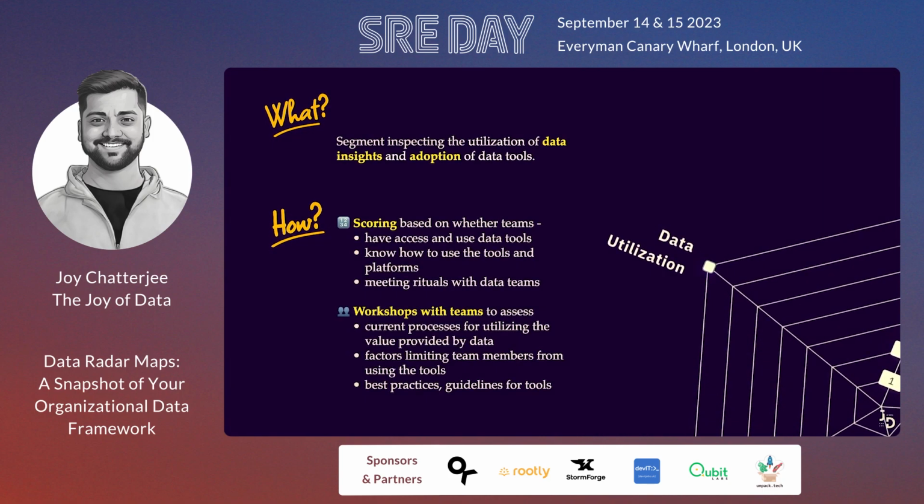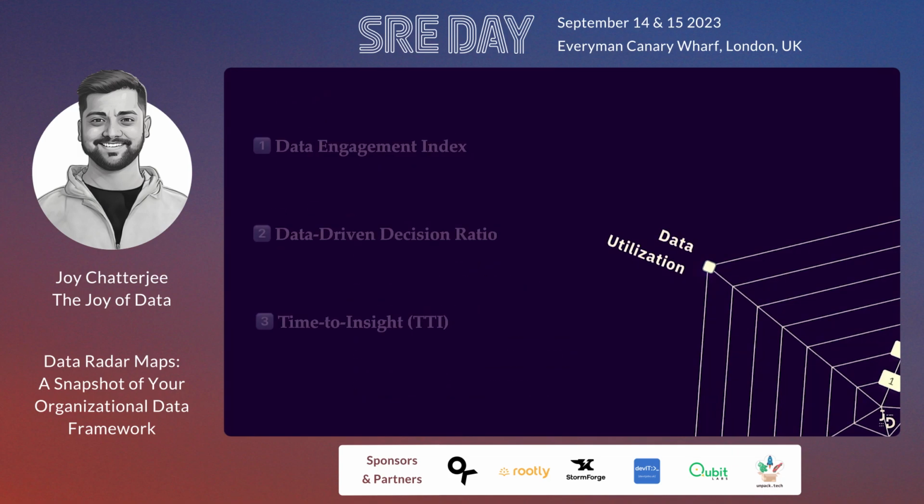Then there's data utilization. So this is more about how, on a scale of 1 to 5, for instance, how much people are actually engaging with your data. This is what we're trying to understand: what are the meeting rituals with your data teams? How often are product and tech teams actually interacting with this data? And here, the metrics we care about are engagement, data-driven decision ratio, and time to insight.